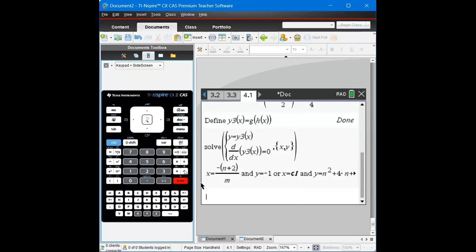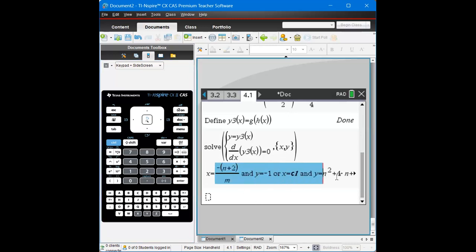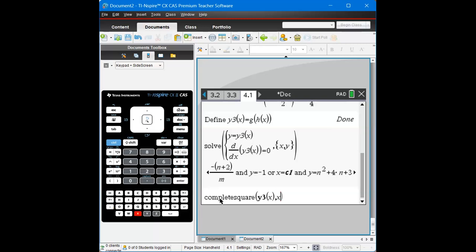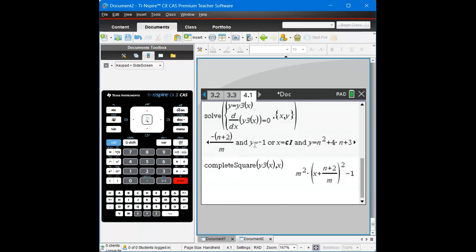Okay, now, all right, probably need to look a bit further. Complete square y3 of x comma x. Okay, so that's the turning point form. So we have to assume m is not 0 in this case. Otherwise, it won't give any turning points. If only the question also specified m is non-zero.